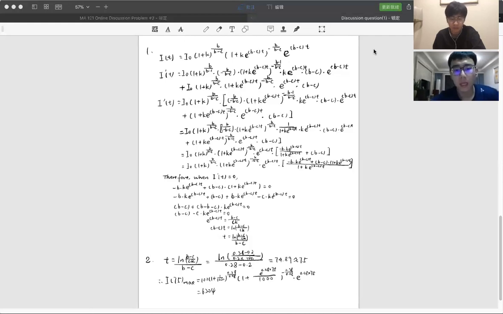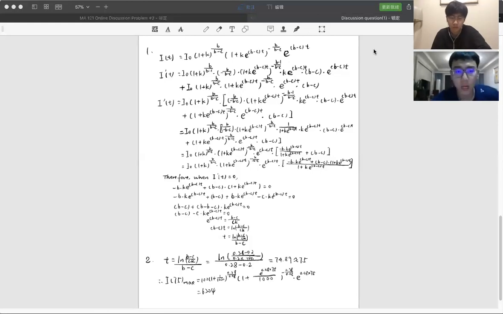As we have the simplified version of the differentiation of I(t), the question asks us to find an equation that allows us to find the t when the infected population reaches maximum.